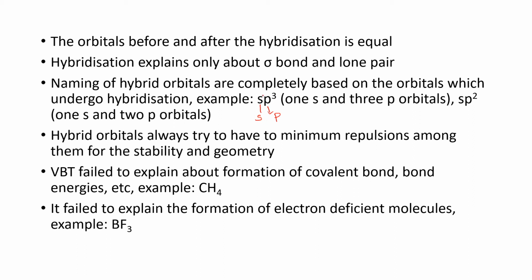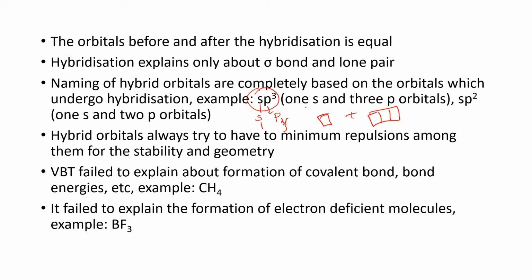If there is no number, it means it is 1. Above the p there is 3. Okay, the number 3 is there. It means 3 p orbitals are there. So sp3 means 1 s and 3 p orbitals. It means 3 degenerate p orbitals. Okay, this is known as the naming of orbitals.